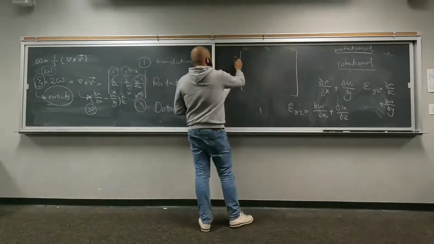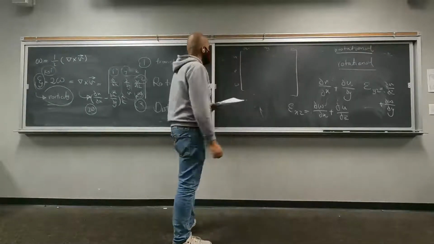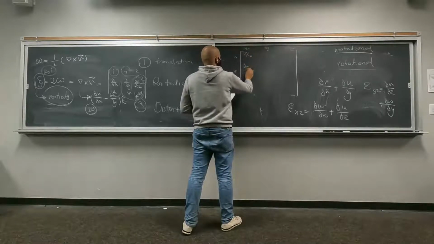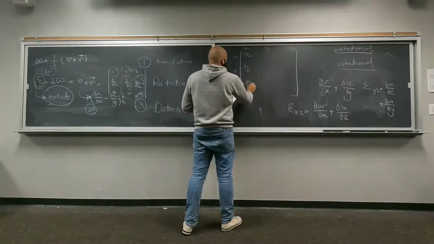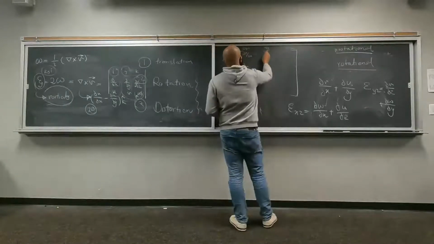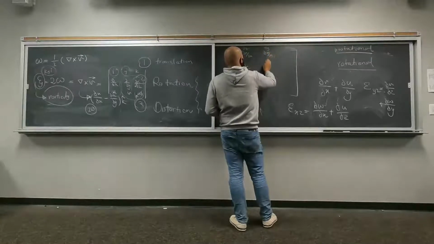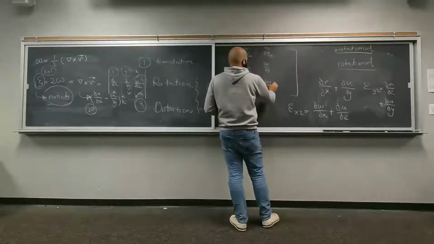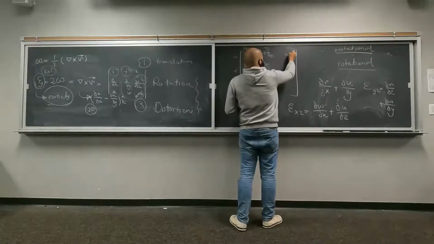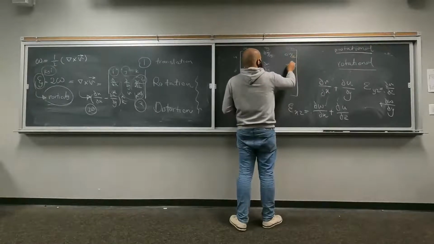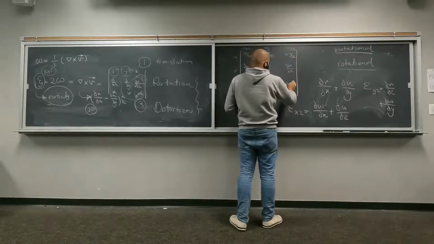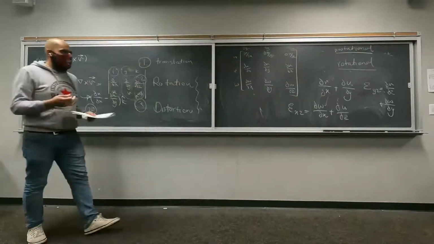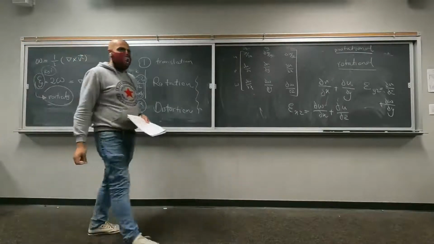The other side, we're going to get u, v, w, which essentially means that we are going to get partial u partial x, partial v partial x, partial w partial x, partial u partial y, partial v partial y, partial w partial y, partial u partial z, partial v partial z, partial w partial z. Okay, we can combine everything I've seen as far as the strength and the vorticity in this matrix.